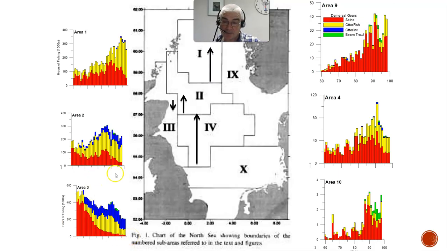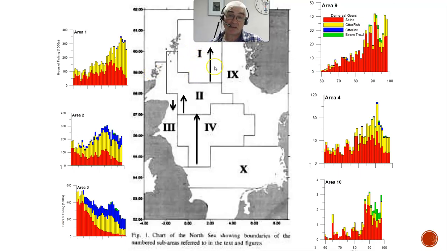And as that's become less, it means there's less fishing effort using that method, but the relative change in impact will be less than if you reduce trawling. I think that's the point I want to get across here. So area 1 here, where trawling has vastly increased over time. This is the Fladden area, which we'll talk about a bit more in a minute.